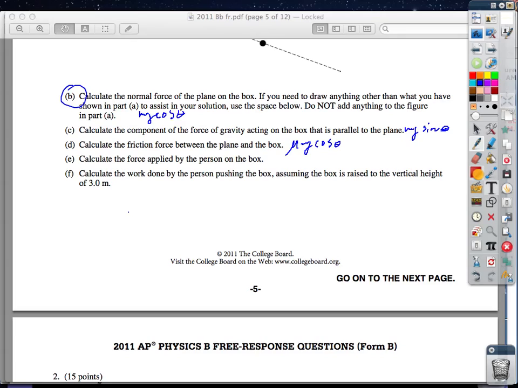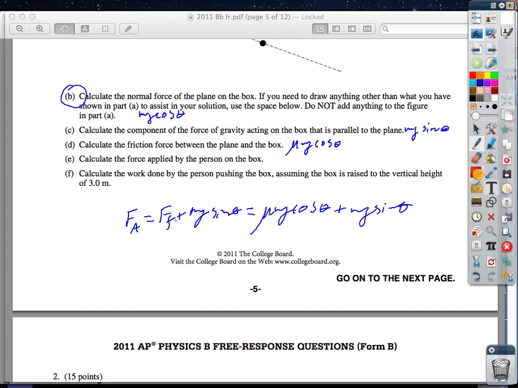This is where we need it, right? Because FA is equal to FF plus mg sine theta, which means FA is mu mg cos theta plus mg sine theta. Okay, so just using our force statement, which we all mastered back in September.